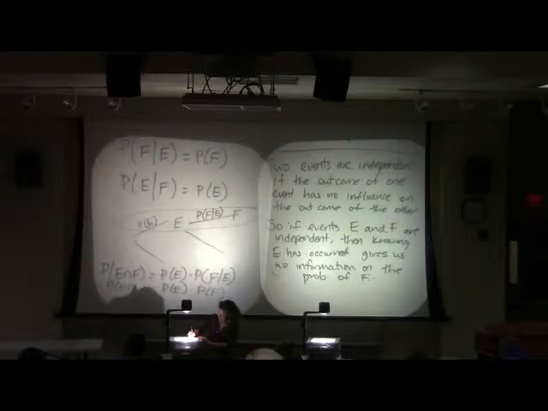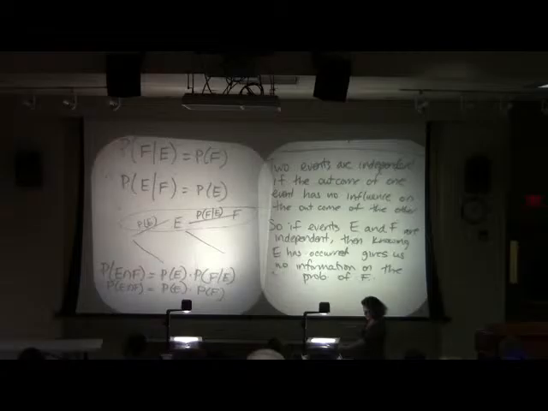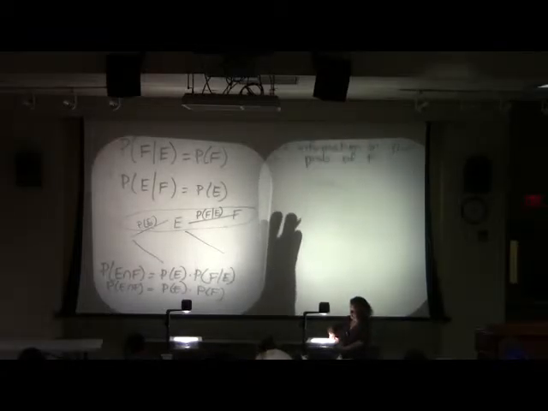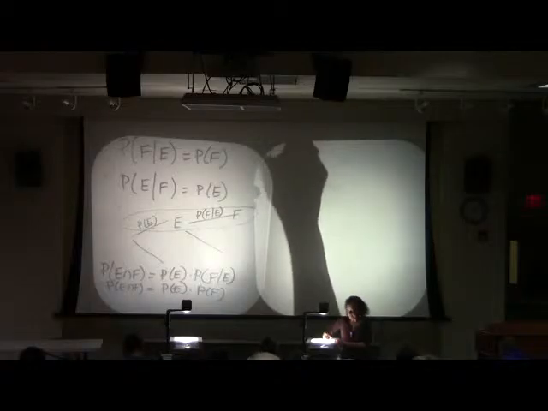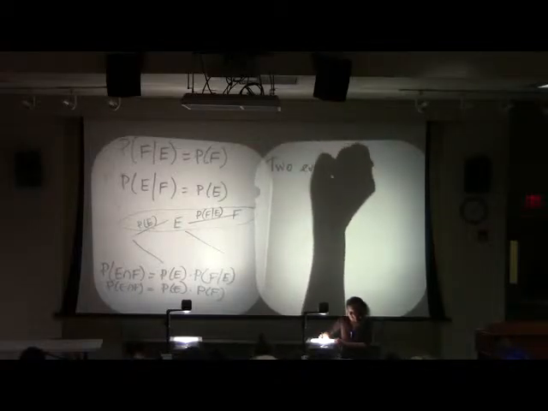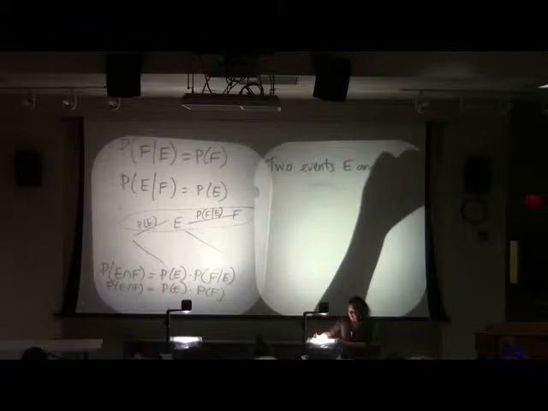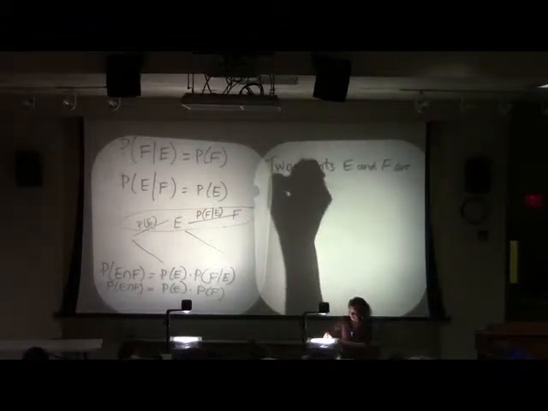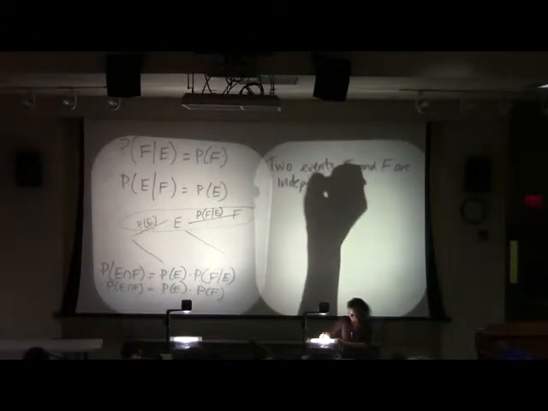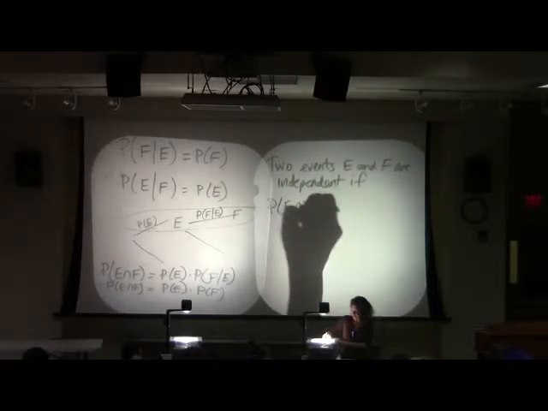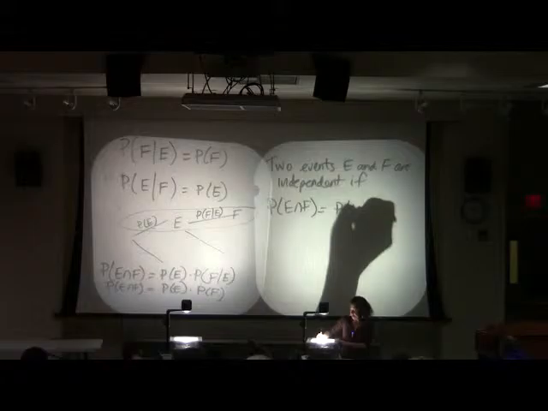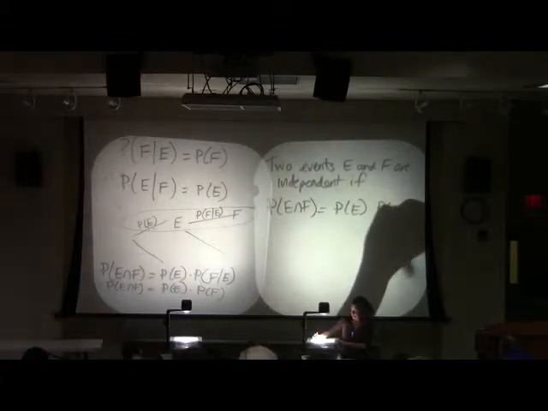So I claim, if you haven't written anything down yet, now is when you want to start writing. The way you test independence is as follows. Two events, E and F, are independent if the probability of the intersection is the product of the probabilities.